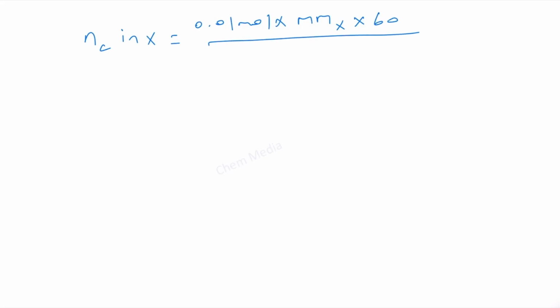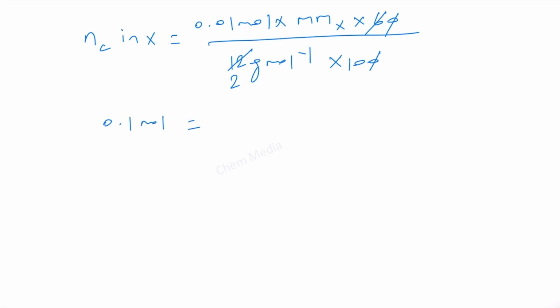Therefore, number of moles of carbon in X is equal to 0.01 mole times molar mass of X times 60 divided by 12 gram per mole, that is the molar mass of carbon, times 100. 10 10 we can cancel here. 6, 2 times 6 is 12, therefore 2 here. And number of moles of carbon in X, we already figured it out, that is 0.1 mole.